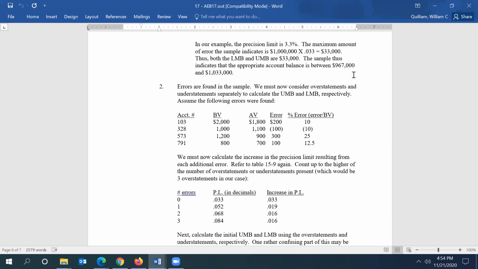Thus, both the lower misstatement bound and upper misstatement bound are $33,000. The sample thus indicates the appropriate account balance is well within 33,000 of a million, or 967,000 to 1,033,000.